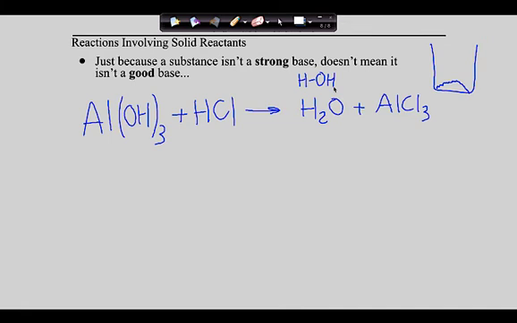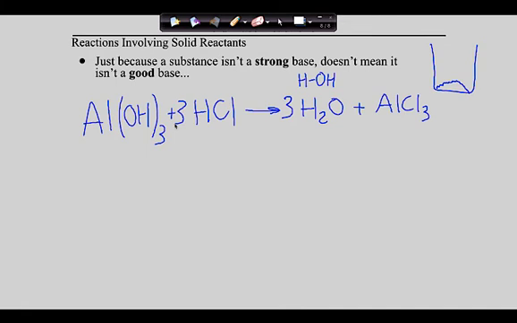It makes it easier. So we've got 1 aluminum, we've got 3 OHs. Here we only have 1 OH, so we need a 3. Then we've got 1 hydrogen and we've got 3 hydrogens. And so we need a 3, and then 3 chlorines and 3 chlorines, and that balances.